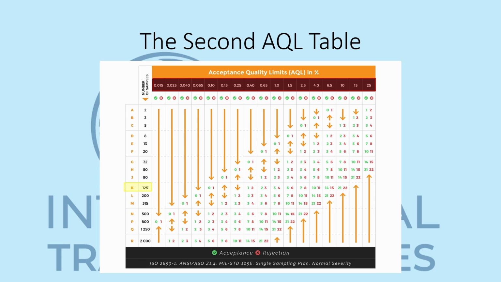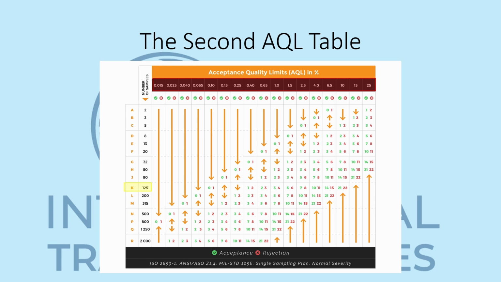So, for instance, for 125 units, if you selected the AQL of 0.015, that would mean if one of those pens fails, you reject the entire order. But if you select, say, 25%, that would mean if 22 pens or more fail out of the 125, then you would reject the order.